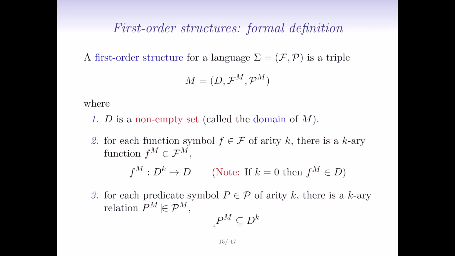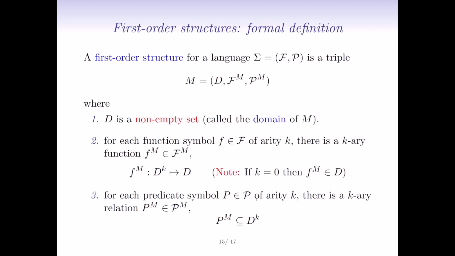So in other words, P_M has to be a k-ary relation on D, which means that it is a subset of D to the power k, that is, a set of k-tuples of elements all from D. So again, in the particular case where k is equal to 2, for example, then P_M has to be a subset of D cross D, or D^2. So in other words, a set of pairs of elements in D.